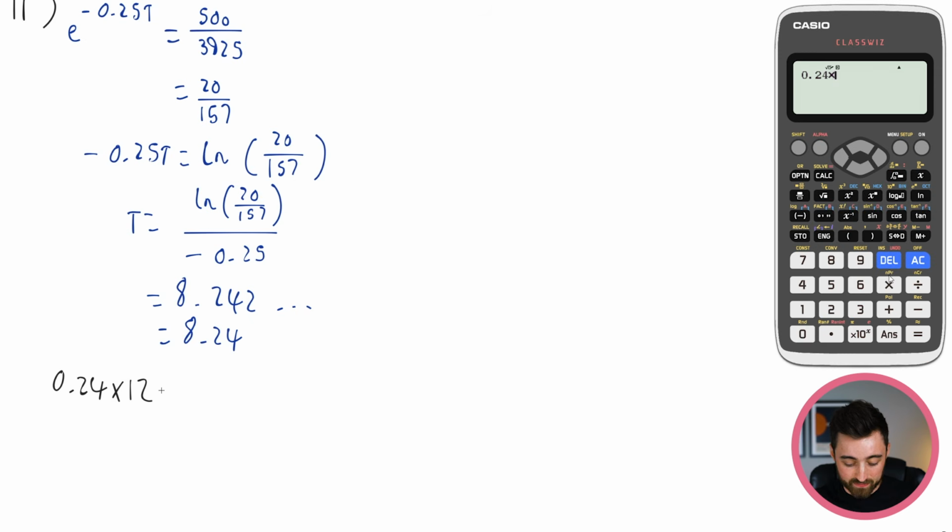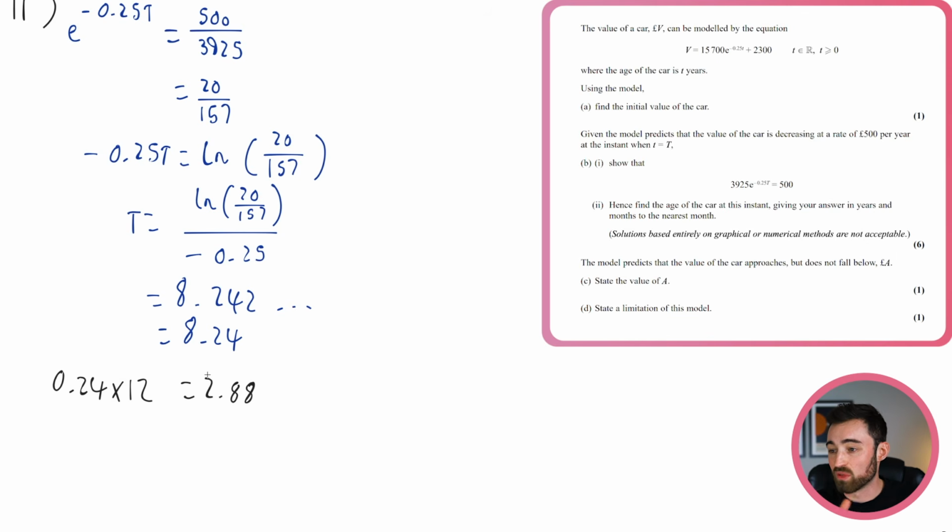That would get me 2.88, right? So it's almost like I've got 8 years and then 2.88 months. But we're asked for the nearest month. So basically, to the nearest month, it's going to be 3, isn't it? So it's going to be 8 years and 3 months.